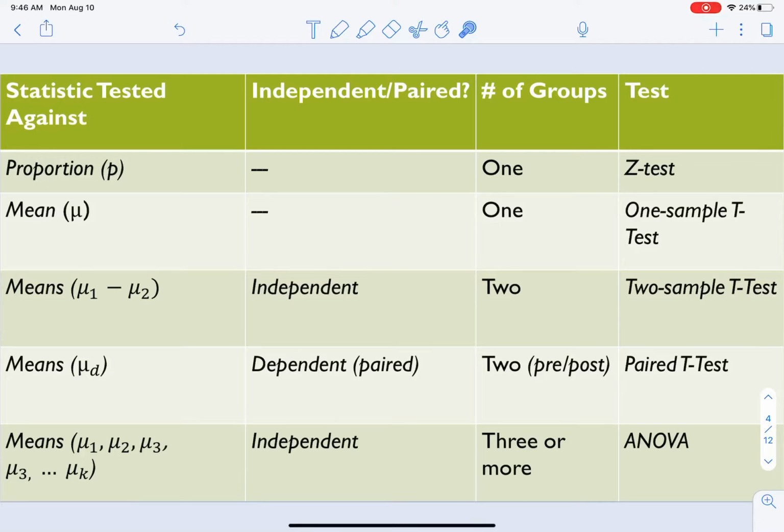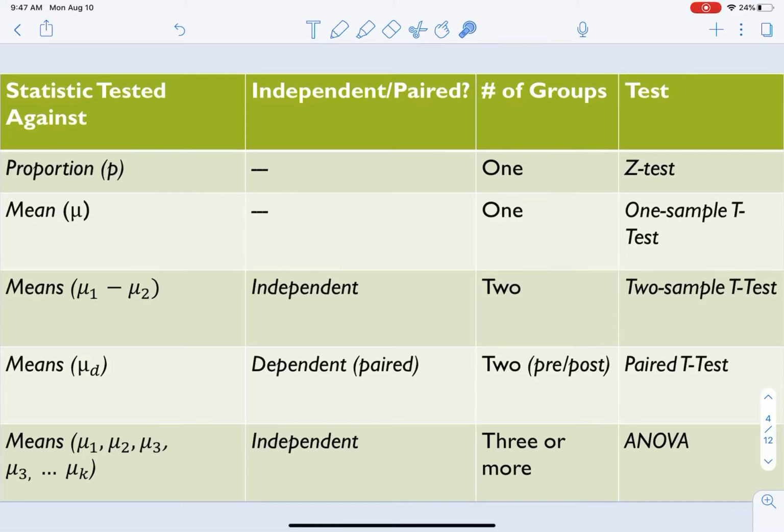Same thing with person 2, and person 2 after some period of time, right? So that is when you have the same people in both groups, with a period of time in between when you're measuring something, whatever it may be.